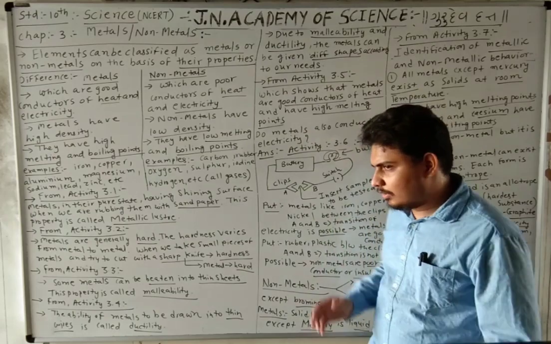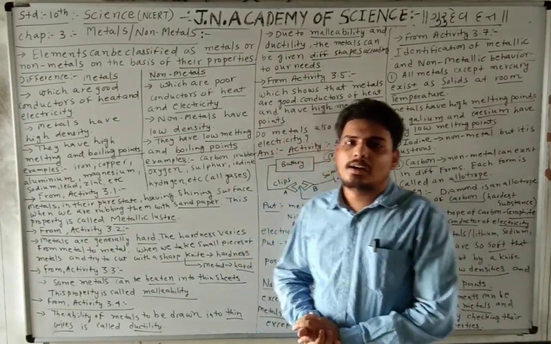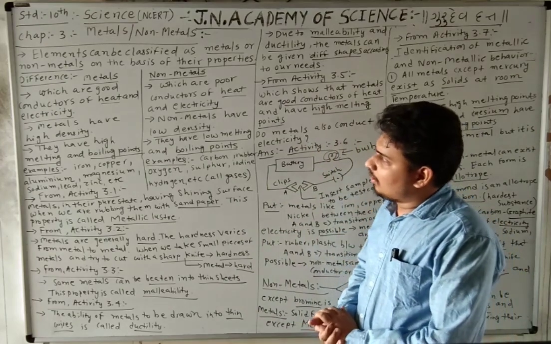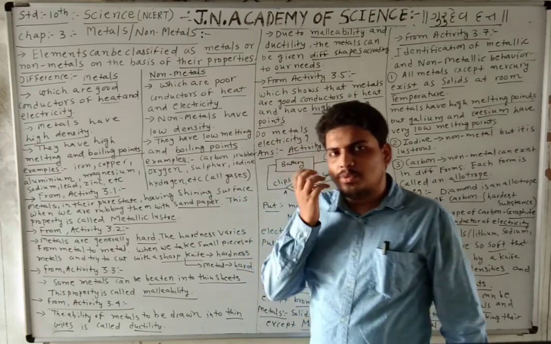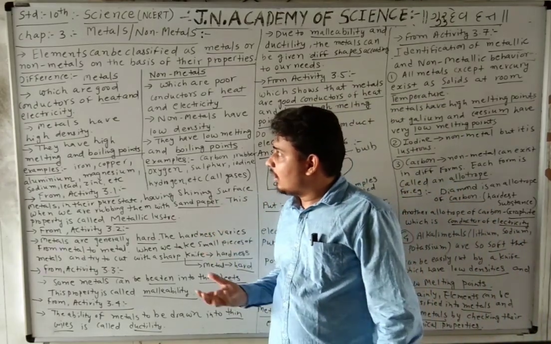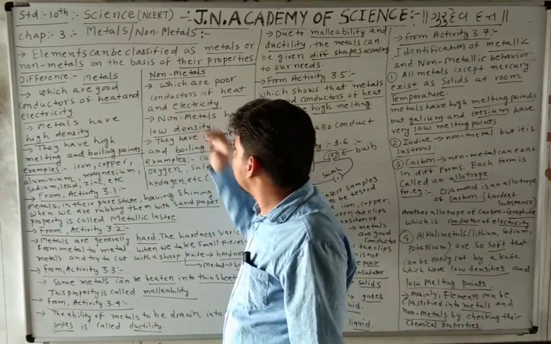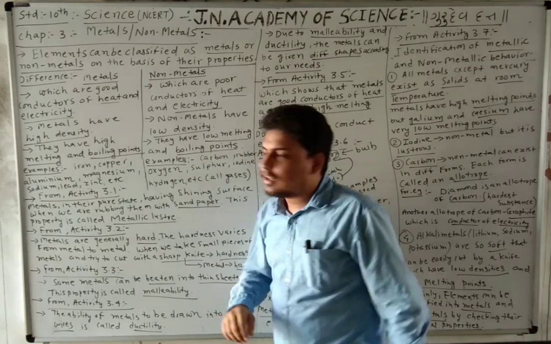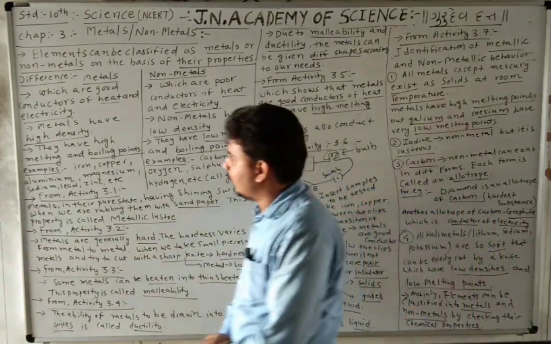First of all, you have the question: what is metal and what is non-metal? Basically metals are good conductors of heat and electricity, whereas non-metals are poor conductors of electricity and heat.